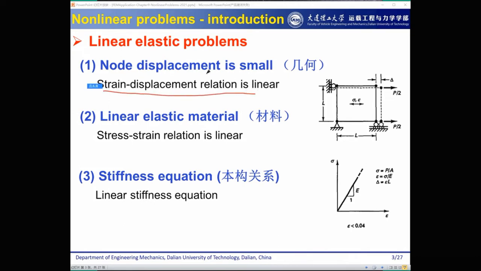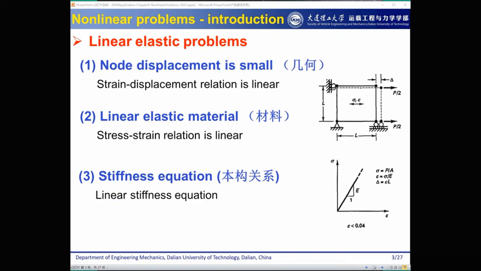The displacement is small, so we say it's a small deformation. Second is regarding the material. The stress-strain relationship is linear, so it's a linear elastic material. Third is the stiffness equation. We have the linear stiffness equation, and those are three linear problems, linear elastic problems.